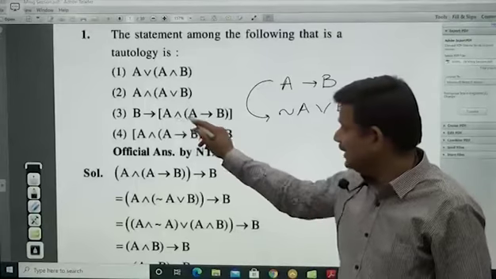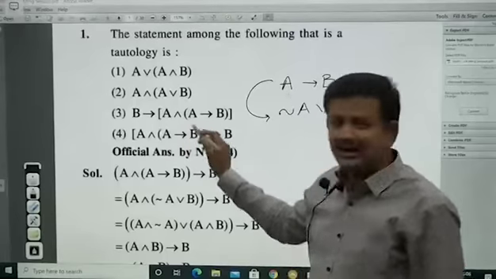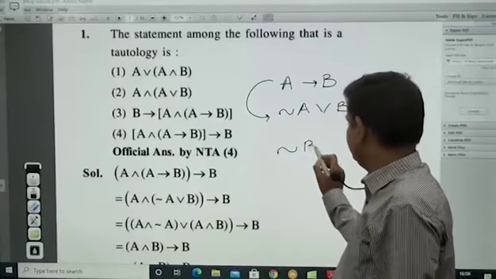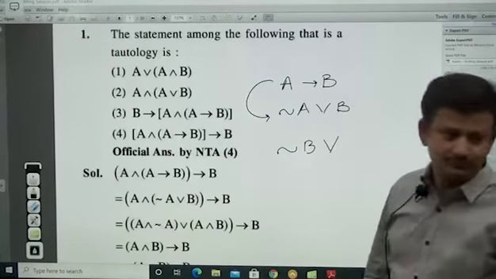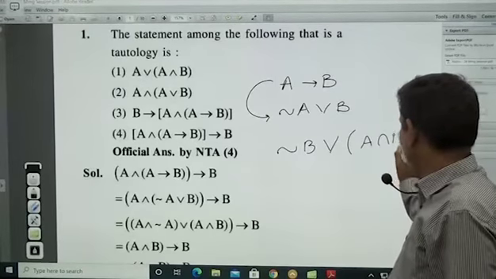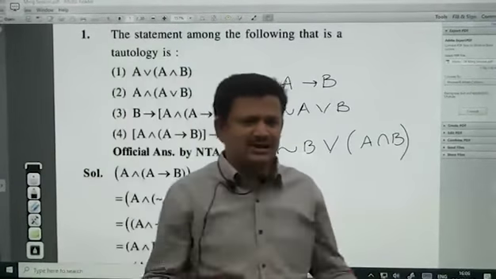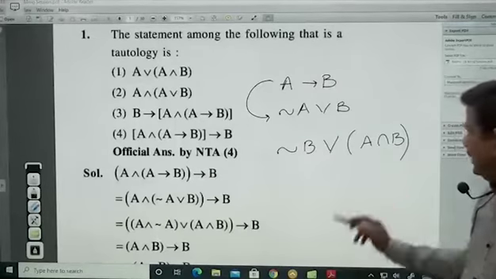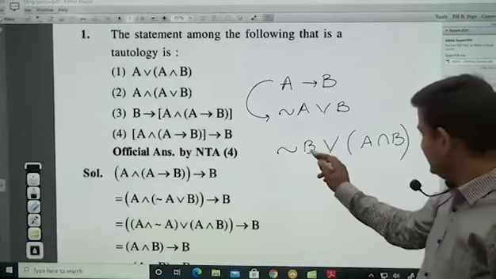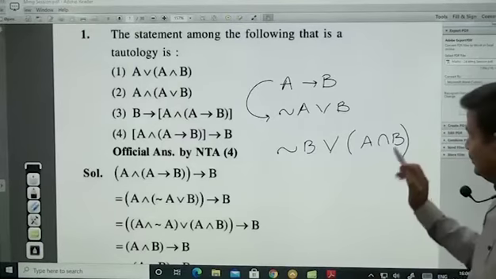This is as good as A intersection B. So B implies A and B. What does that mean? Negation B or A and B. I am deliberately writing intersection so you should not have any confusion. They are one and the same. A and B or negation B. What does that mean? Negation B is there, or everything in B is also there.